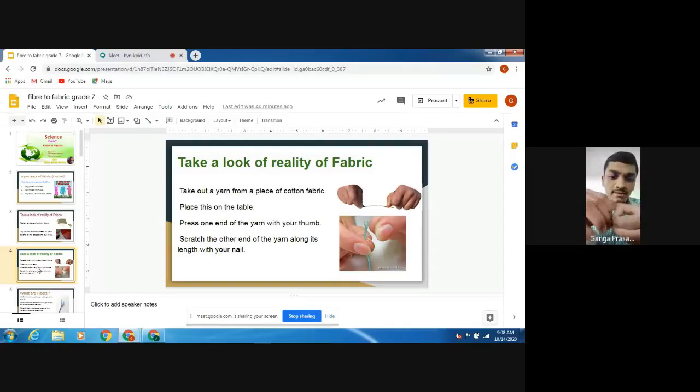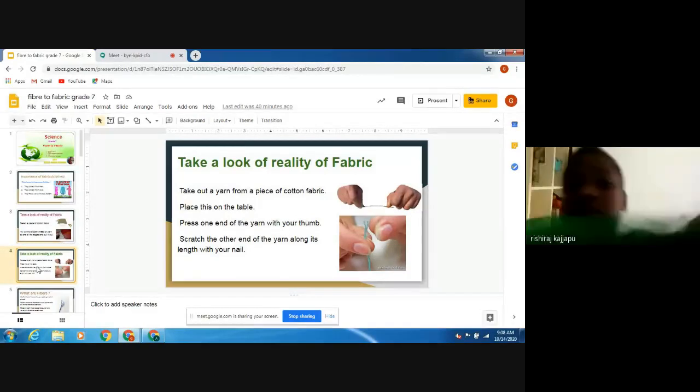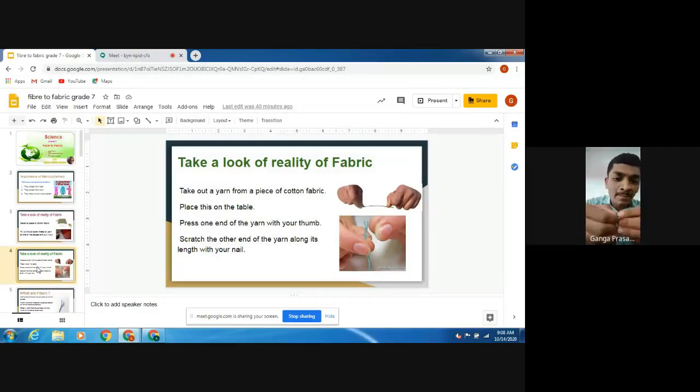See here. Sir, see my screen. Yeah, very good. So the thread has a number of still thinner strands in it, right?